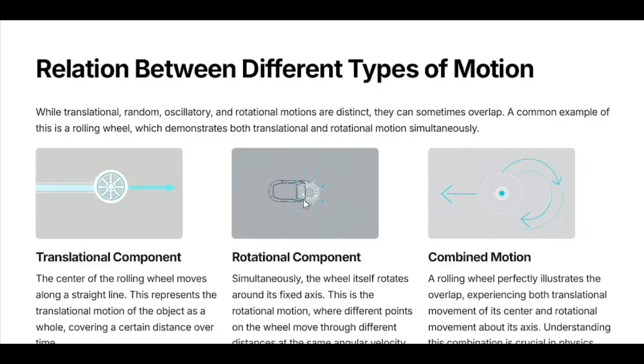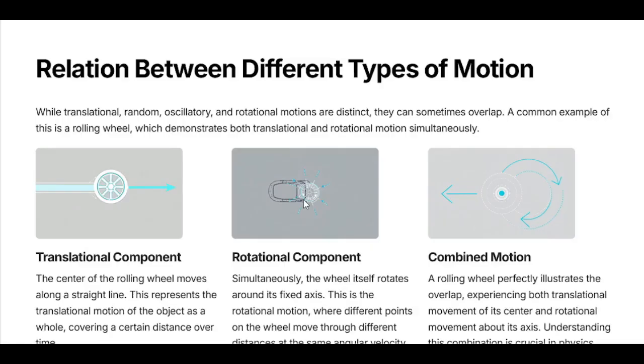Translational motion does not go back and forth. It could be going in a curved path or a straight path, similar to oscillatory motion. But the difference is that in oscillatory motion, objects move back and forth repeatedly, while translational motion does that particular task a single time.